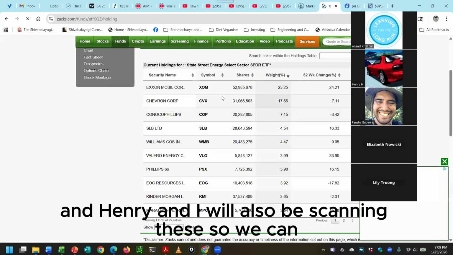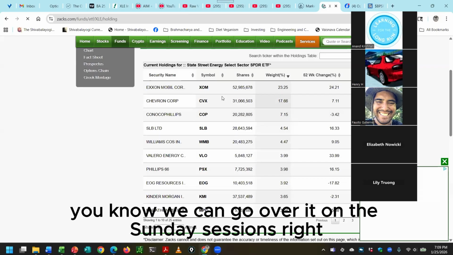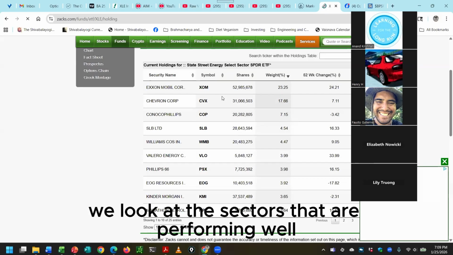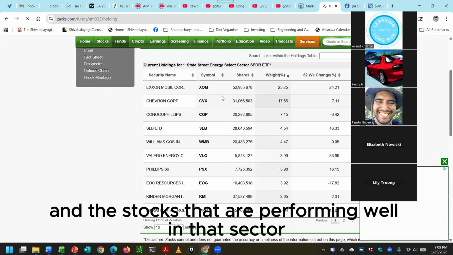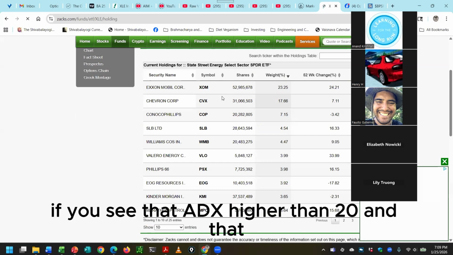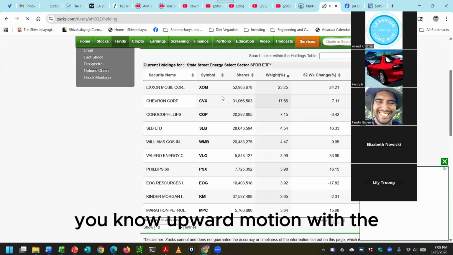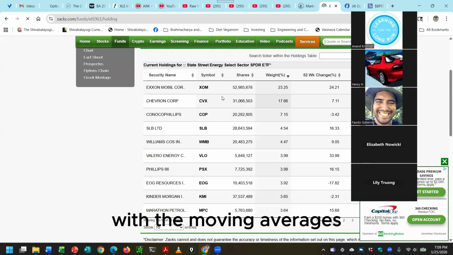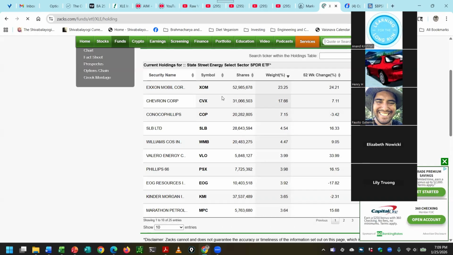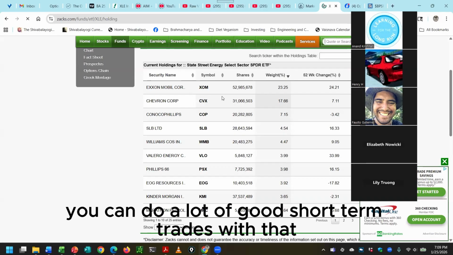Henry and I will also be scanning these so we can go over it on the Sunday sessions. We look at the sectors that are performing well and the stocks that are performing well in that sector. You can buy if you see the ADX higher than 20 and that upward motion with the moving averages. You can do a lot of good short-term trades with that too.